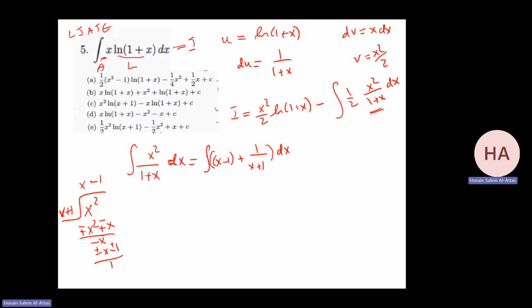And that will be x squared over 2 minus x plus ln(x plus 1) plus C. I need the absolute value? But since it was written 1 plus x, it means x is greater than minus 1, so no need for the absolute value.